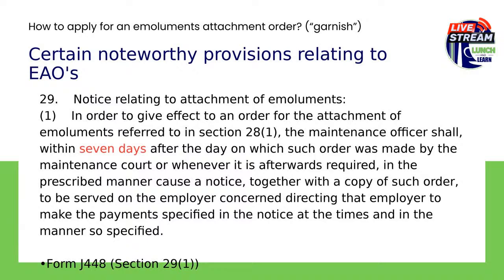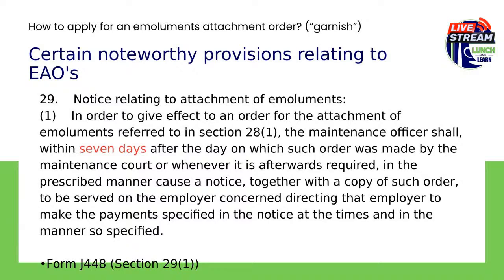So this is a very, very important provision. Within 7 days after the court order was made, there's an obligation on the maintenance officer to send off the documents to the pay office or the payroll office of the respondent so that money could be deducted.